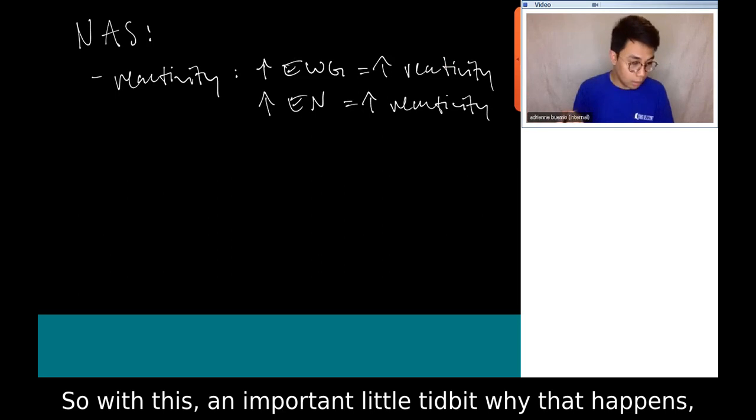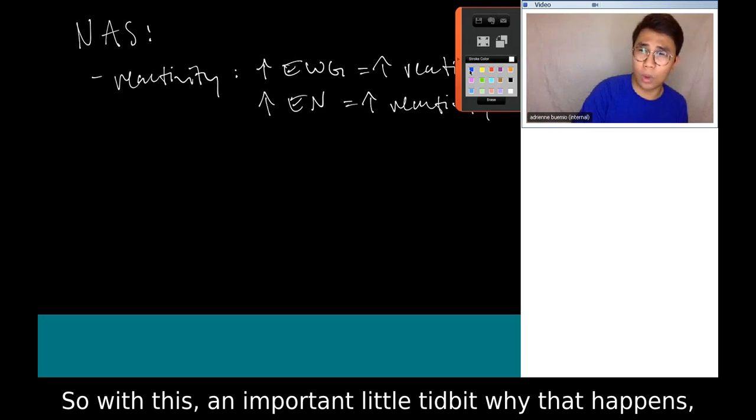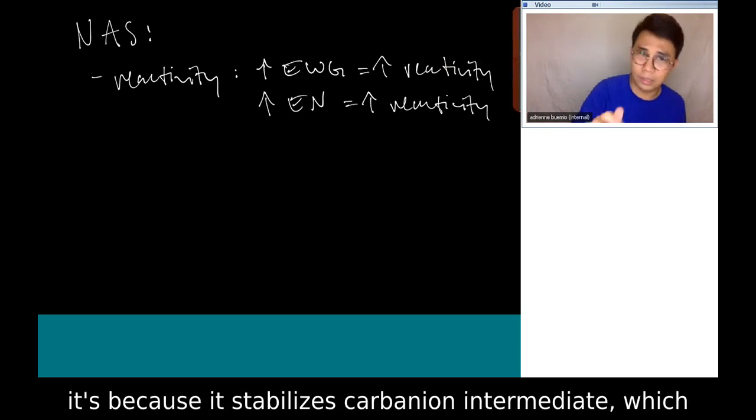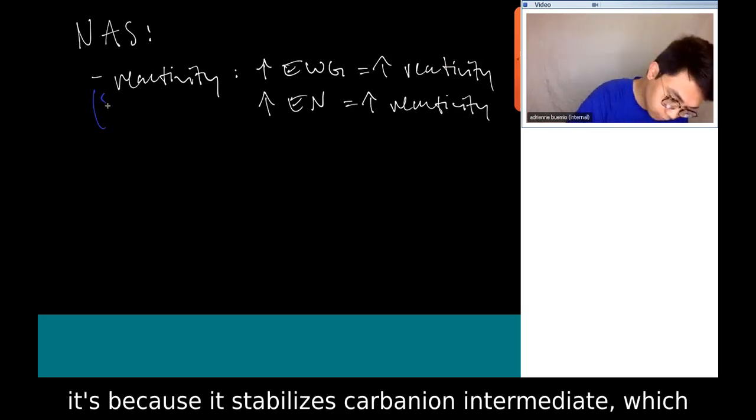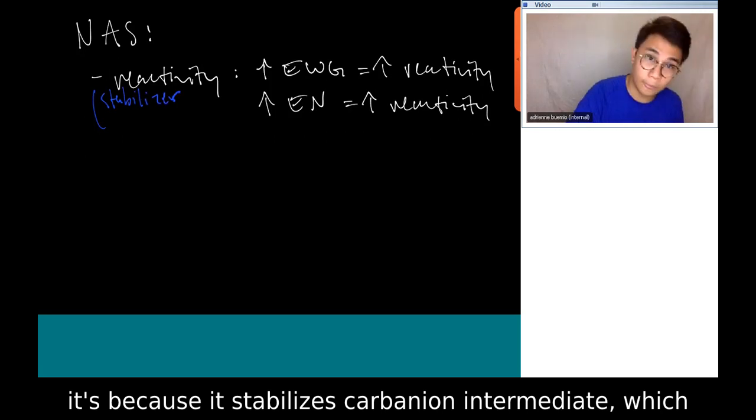So with this, an important little tidbit, why that happens, is because it stabilizes the carbanion intermediate, right?